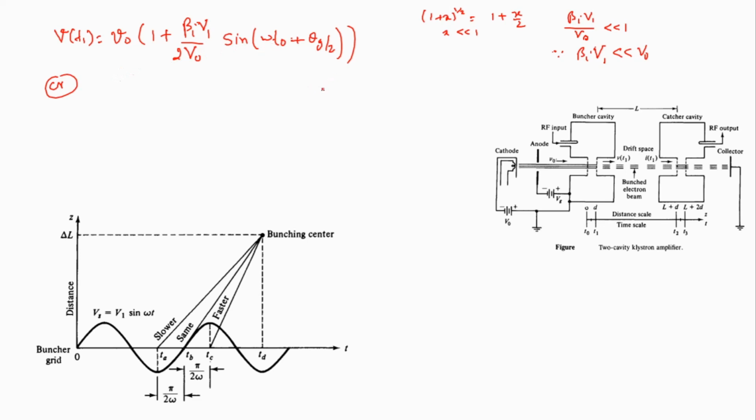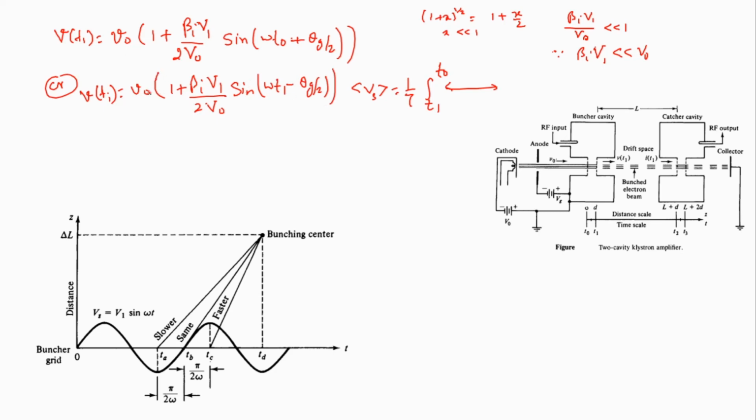If we take this integration in terms of 1 by tau and t1 to t0, it will be in the form of v of t1 is equal to v0 into 1 plus beta I v1 divided by 2 v0 into sine omega t1 minus theta g by 2. So both are valid, and both are the equation for velocity at time t1, that is the modulated velocity. Now we will proceed with the bunching process, how the bunching process takes place.